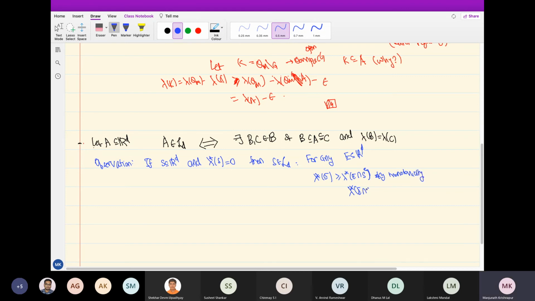On the other hand, lambda star of E intersection S, again by monotonicity, is less than or equal to lambda star of S, which is actually 0. Right? So you add, what do you get? If you add the two, you get lambda star of E plus 0 on the left side, greater than or equal to lambda star of E intersection S complement plus lambda star of E intersection S. Hence, the cut condition is satisfied.